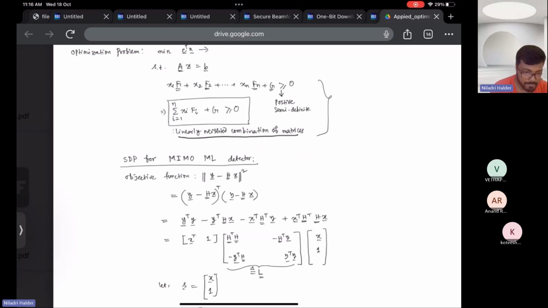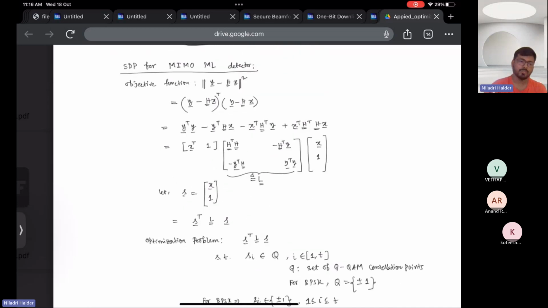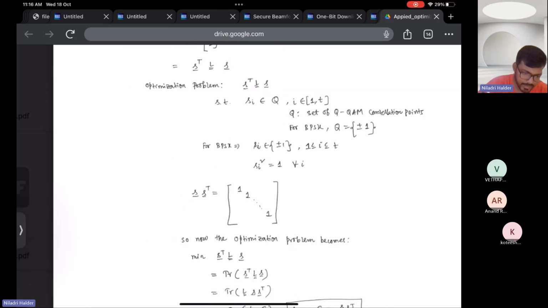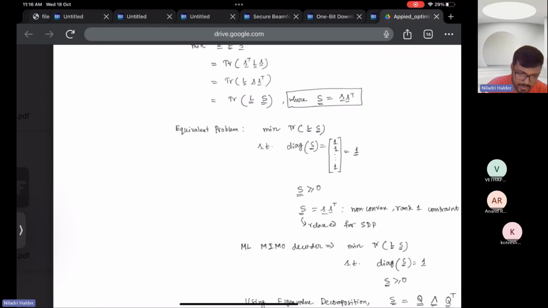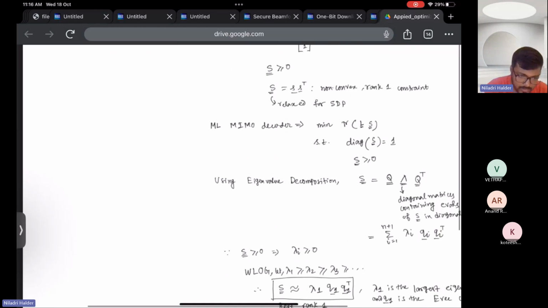In the last class, this is also the semi-definite problem question. The definition of the semi-definite problem was already covered by Professor in his lecture. Then for the ML detector, the derivation gives an equivalent problem.